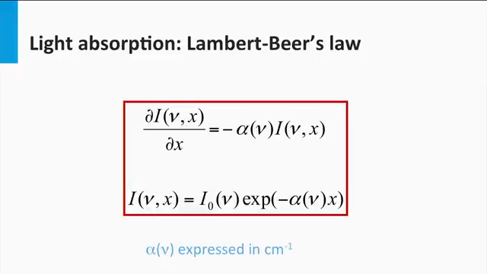Or presented in another way, over an infinitely small distance dx, the decrease in the light intensity due to absorption, dI/dx, is equal to the product of the absorption coefficient and the light intensity at position x. This is the differential form of the Lambert-Beer law.